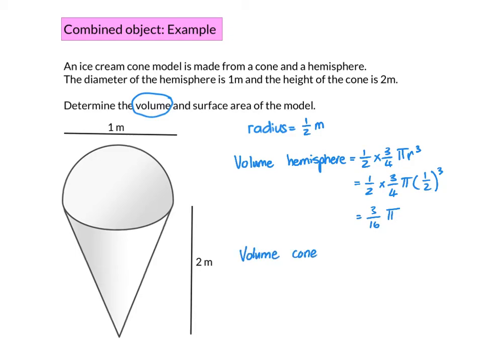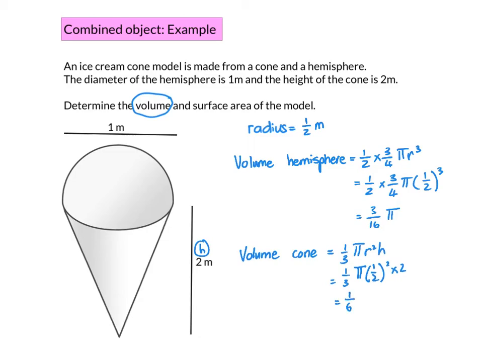Let's work out the volume of the cone. So the formula for the volume of the cone is 1/3 area of base, pi r squared, times by height. So I already know all those values. 1/3 times by pi r squared, which will be a half squared, and the height is the inside height, which will be 2.